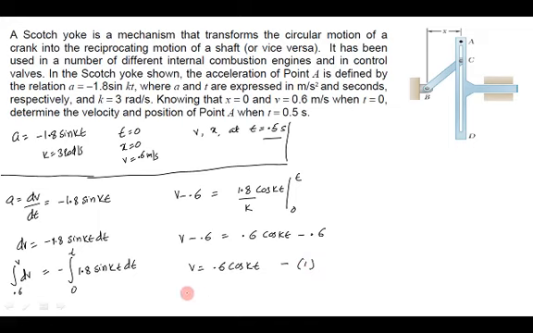Now I can again write v as dx by dt equals 0.6 cos kt.